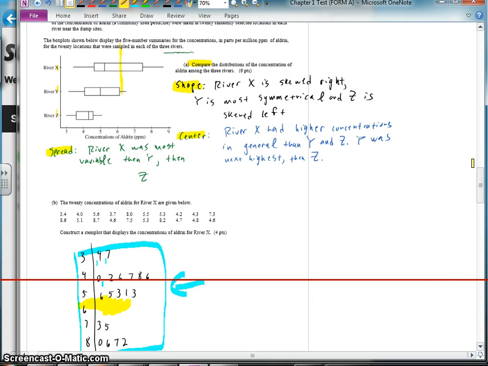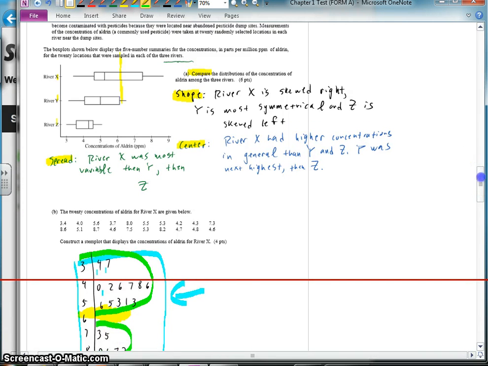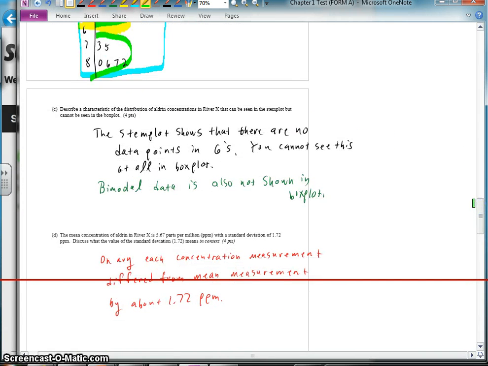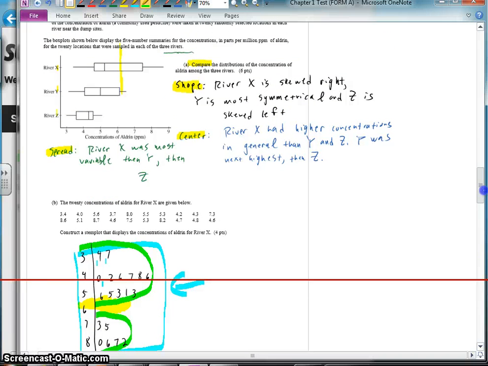You could have also said that the shape of this is kind of bimodal. Okay, there are kind of two areas of concentration in the 4s and 5s and the 7s and 8s. Okay, so those are the two things that you could have said there. Some people said things that you could tell in both.